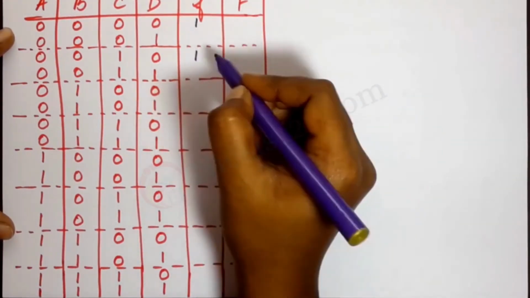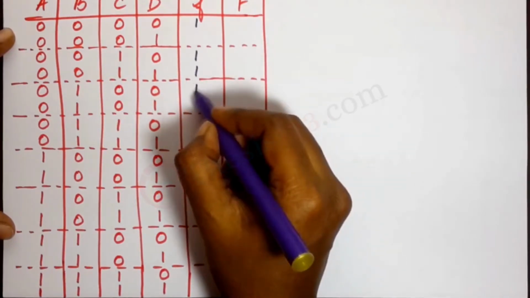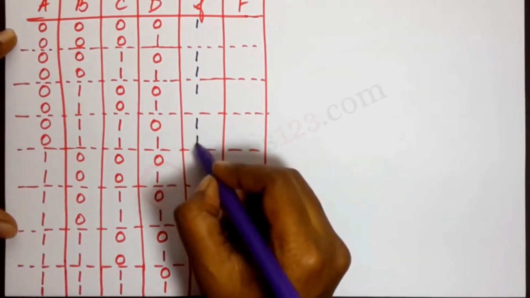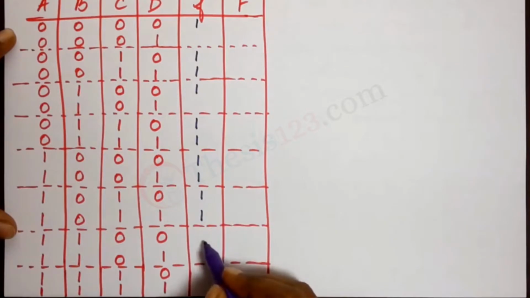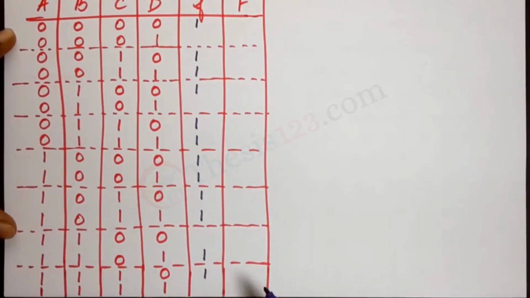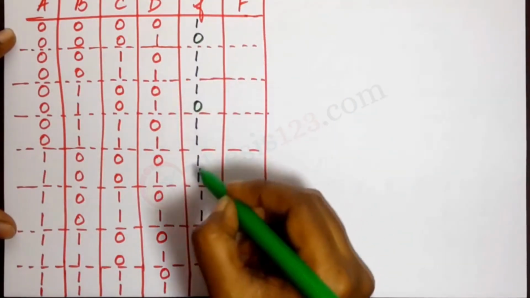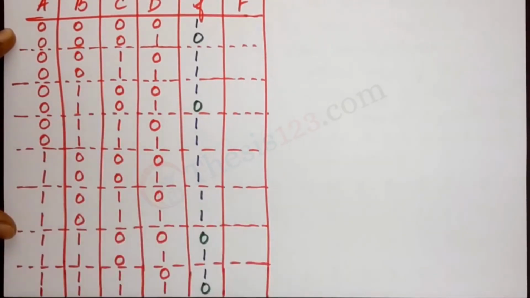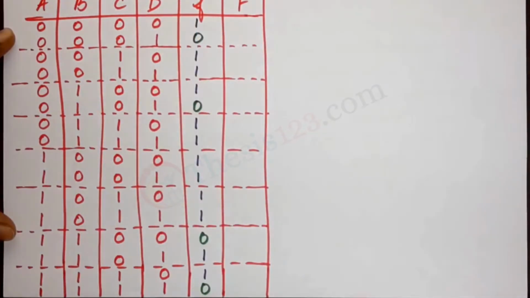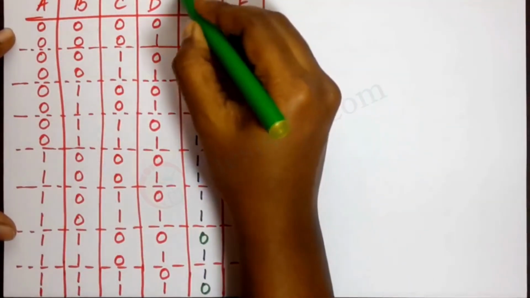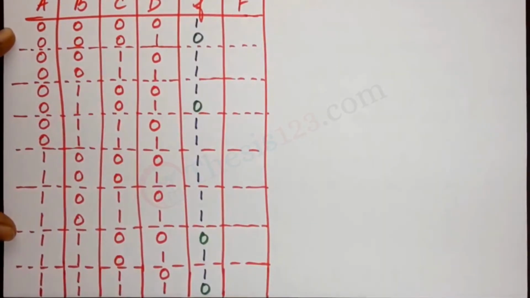For 2 it is 1, and then for 3, 4, 6, 7, 8, 9, 10, 11, 13 and 14. The rest of the values will be 0. So this is what we have. Now for the final part, F. Okay, so F depends on D. So you will have to note that F depends on D. Very important.